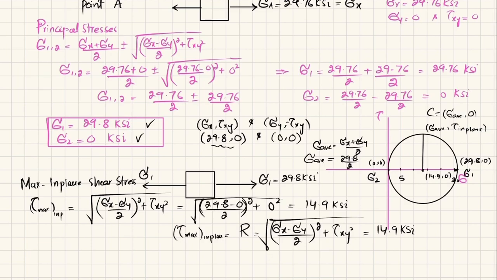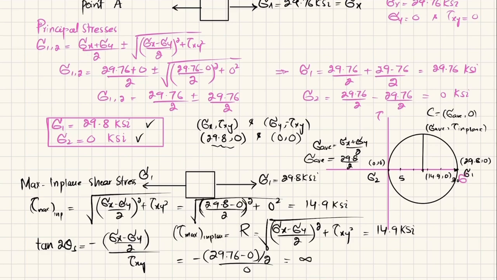Now we will find the orientation of maximum in-plane shear. For that we have tangent of 2 theta s is equal to minus (sigma x minus sigma y divided by 2) divided by tau of xy. So if you put the values, minus 29.76 minus 0 divided by 2, divided by 0, will give you infinity.